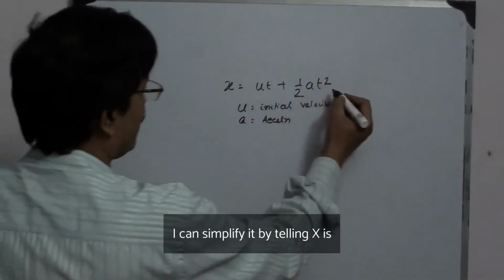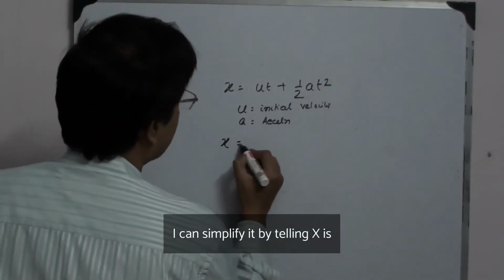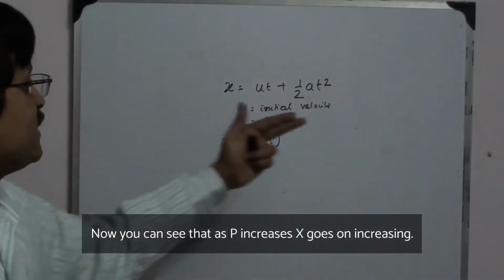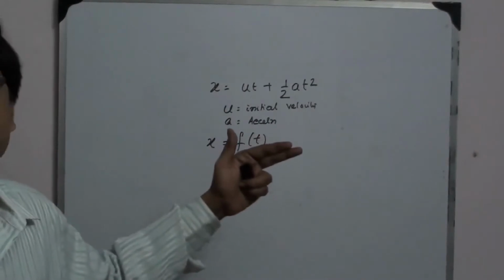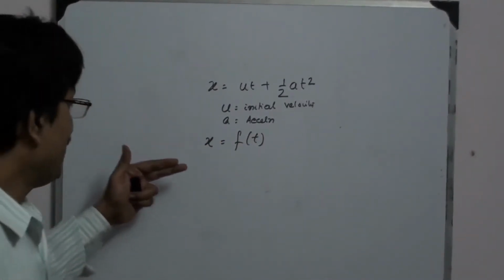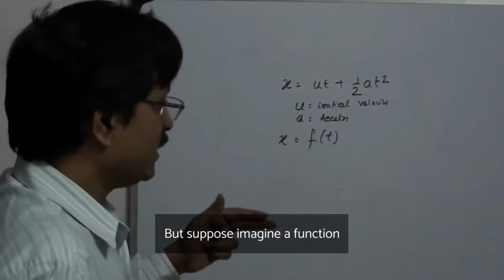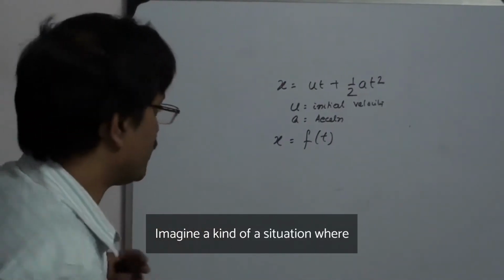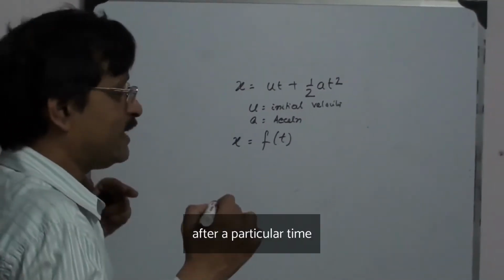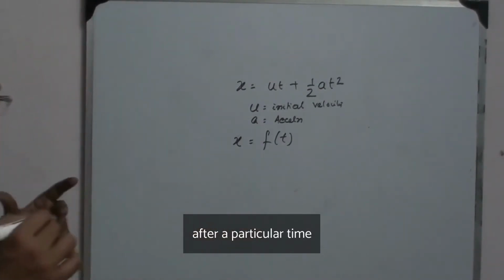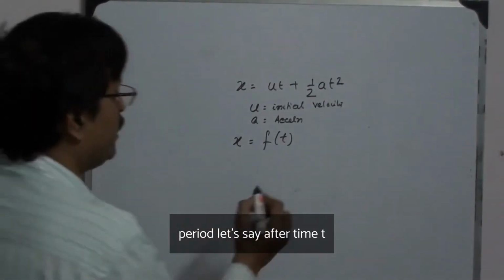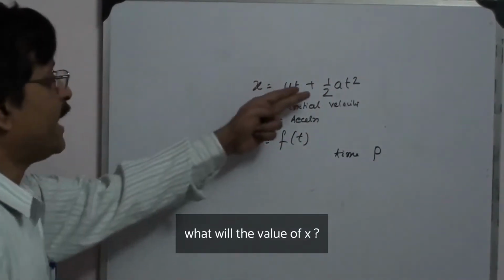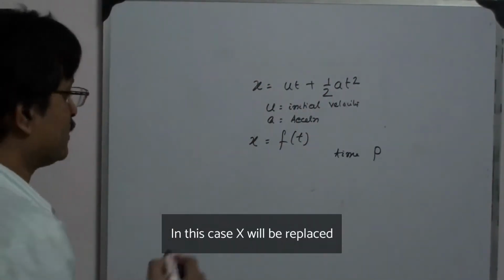I can simplify it by telling x is a function of t. Now you can see that as t increases, x goes on increasing. But imagine a kind of situation where after a particular time period, let's say after time p, what will be the value of x in this case?